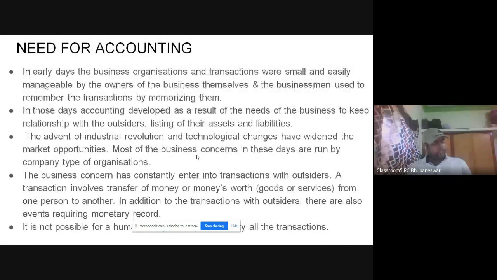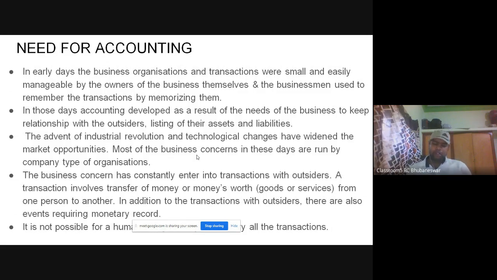Here it is being shared that in the early days, the business organizations and transactions were small and easily manageable by the owners of the business themselves, and the businessmen used to remember the transactions by memorizing them.